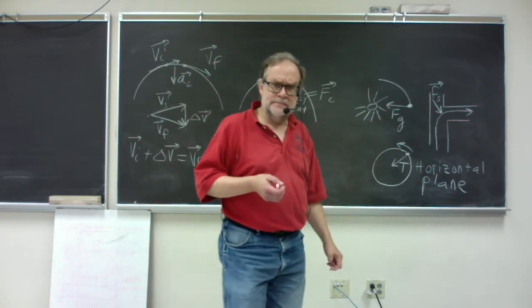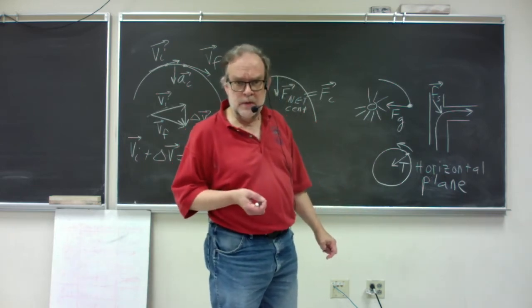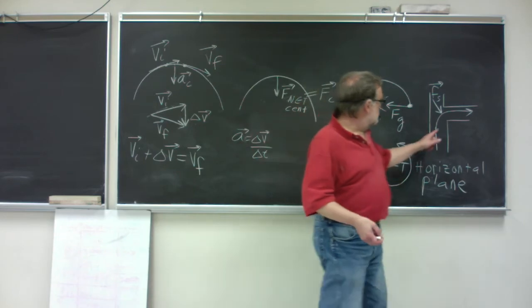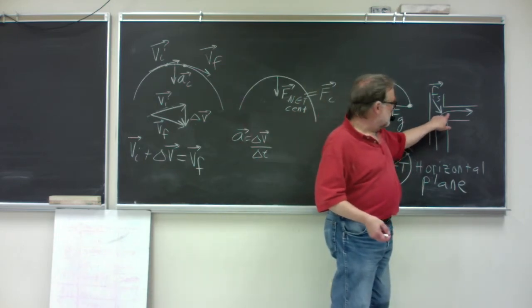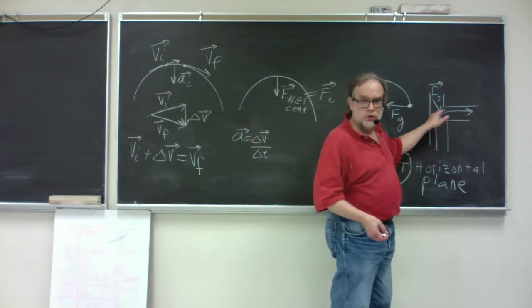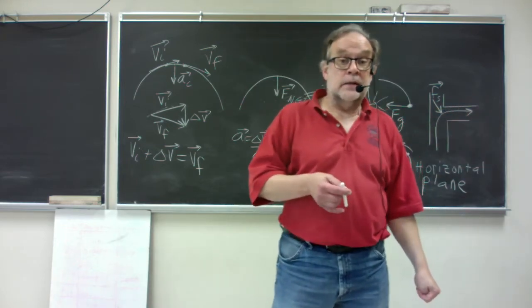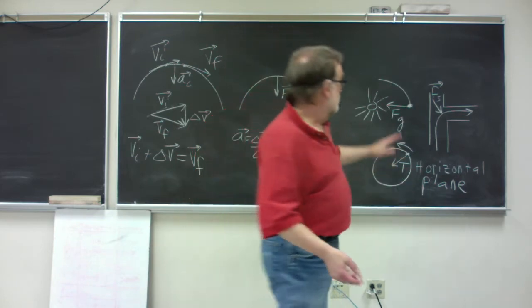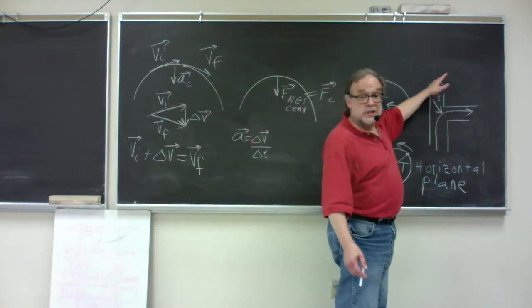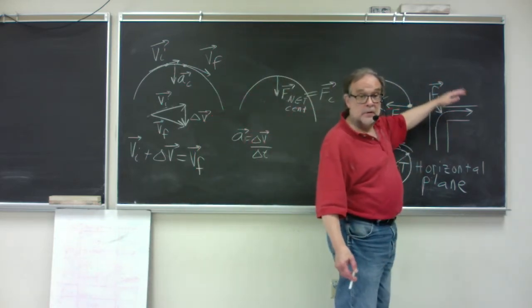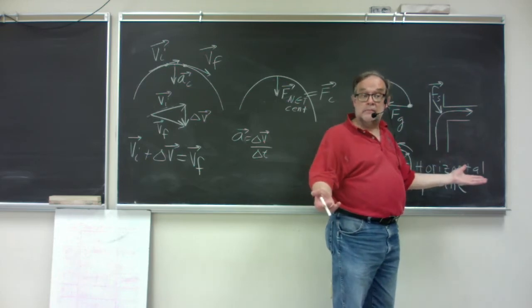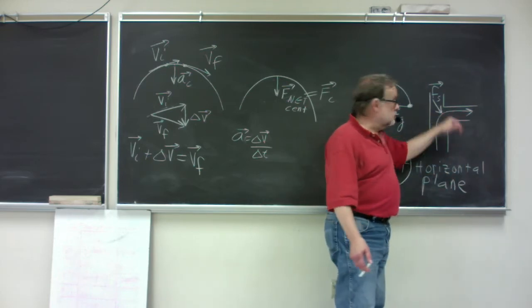What is that centripetal force? Well, if you weren't able to move in a nice circular path, like for instance, if it was a very, very icy road, you would slide away from that path. But you're not sliding. You're sticking to the path.